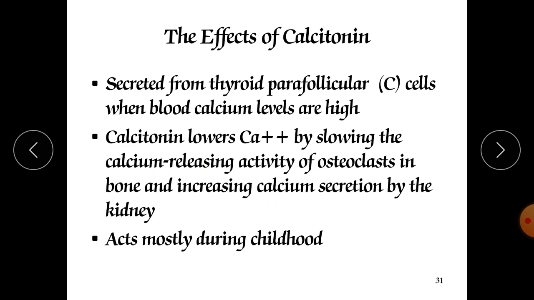If the calcium level is already too high, we have to decrease the release of this calcium from the osteoclasts, meaning from the bones, by bone resorption. From the extracellular matrix, the calcium will release into the blood. So we have to slow down this reaction.